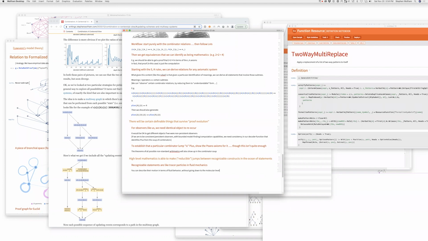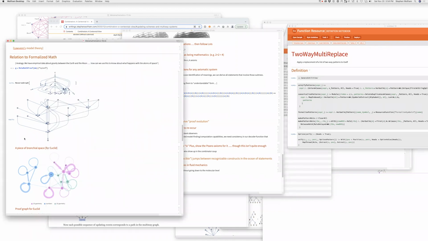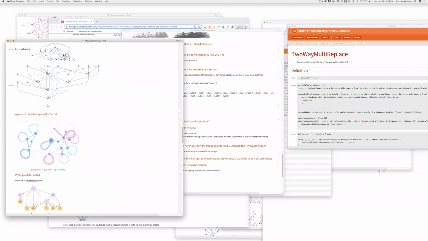let's see. We had made a bunch of statements here. So by the way, this is a representation of a very high level.